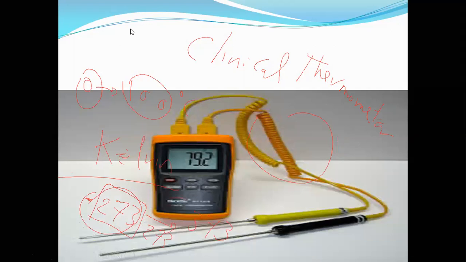The thermocouple thermometer is provided with two points, or two slides like this. The function of this thermometer is to measure the temperature of any kind of solution. For example, you have a solution and you want to identify its temperature. You can inject the two sides of this thermometer inside your solution, and you will find the temperature directly.